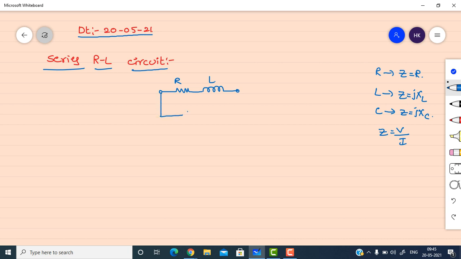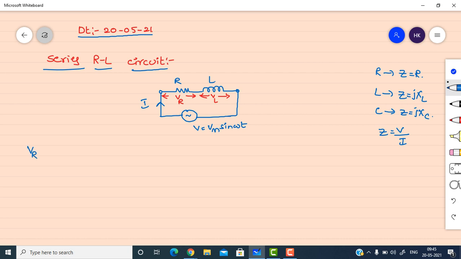We are giving alternating voltage to this circuit. Here V is equal to Vm sin omega t. Current will circulate, let it be I. So whenever the current is flowing through this circuit, some voltage will be dropped across this element, let it be VR, and some voltage will be dropped across this inductor, let it be VL.